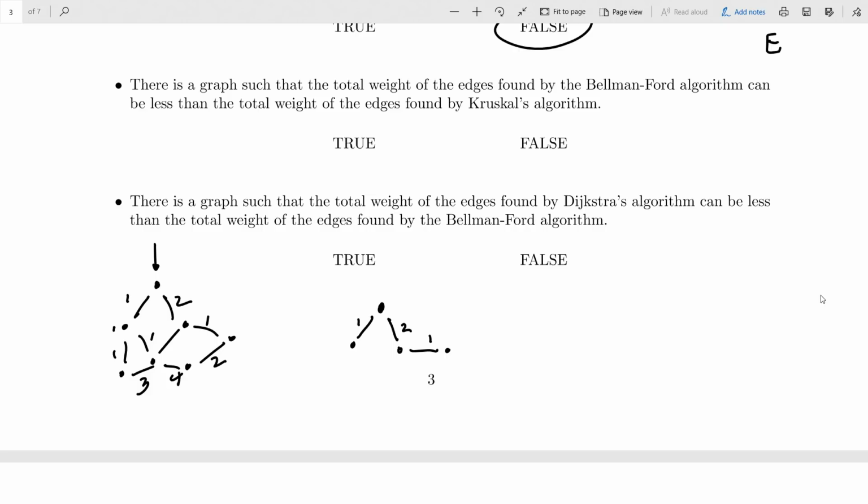Okay? What's the shortest path to here? That one. Okay? What about the shortest path to here? That's going to be that way. And let's see, where are we? The shortest path to here is going to be that path of length 5, right?